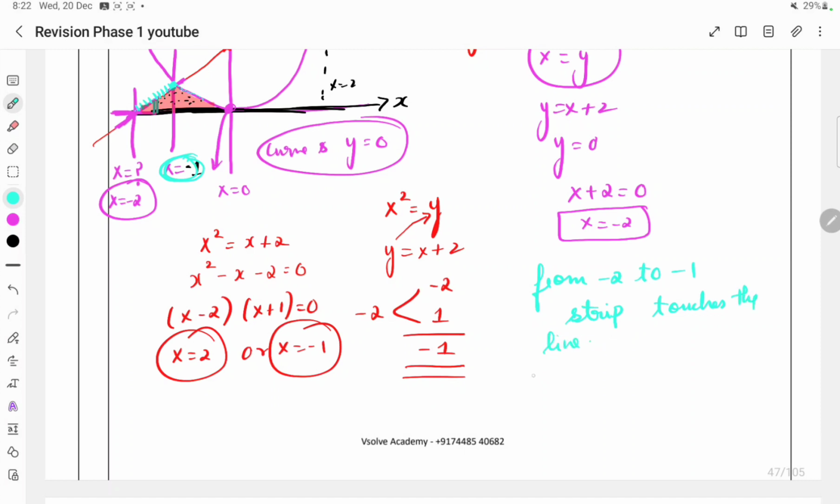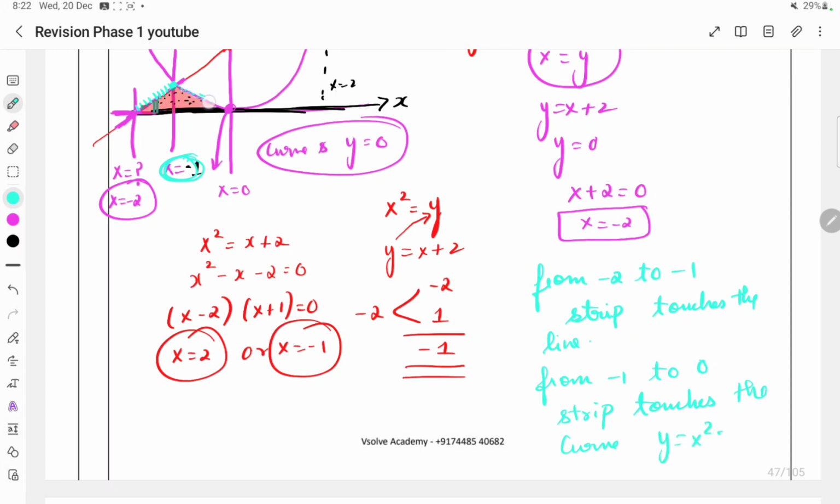Next, from minus 1 to 0, the strip touches the curve equation x square equal to y, which is y equal to x square.